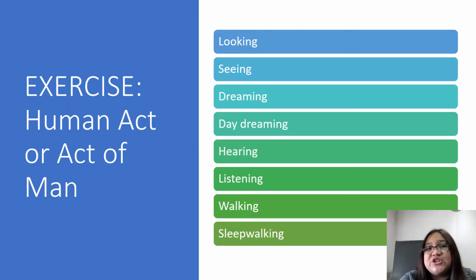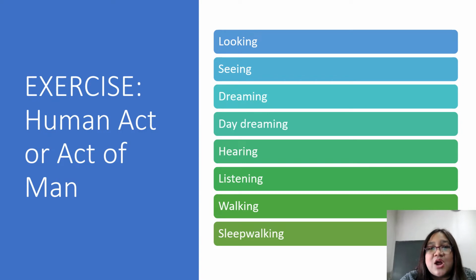Let us do a short activity. Write down the numbers 1 to 8 and identify if these are human acts or acts of man. So again, to remind you, human acts are voluntary while acts of man are involuntary.